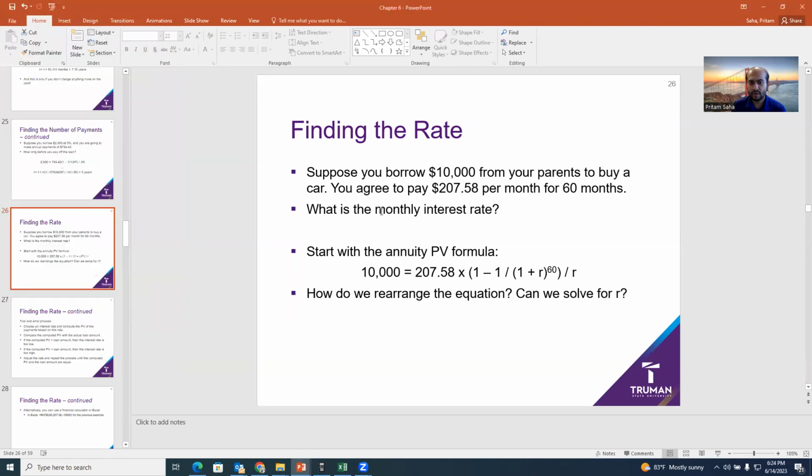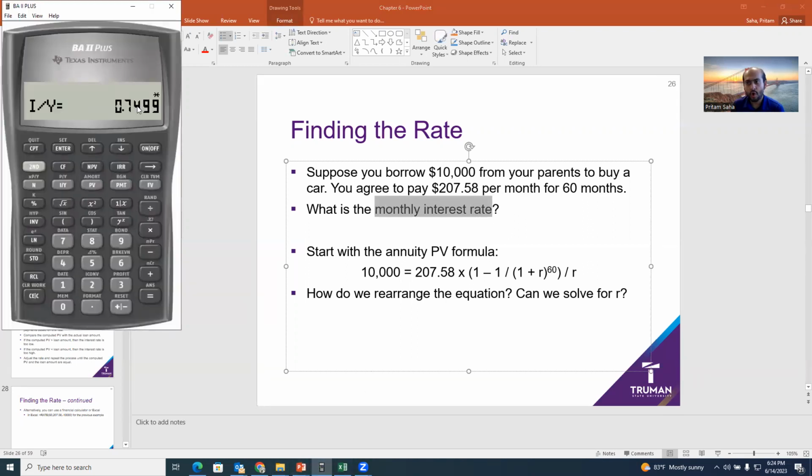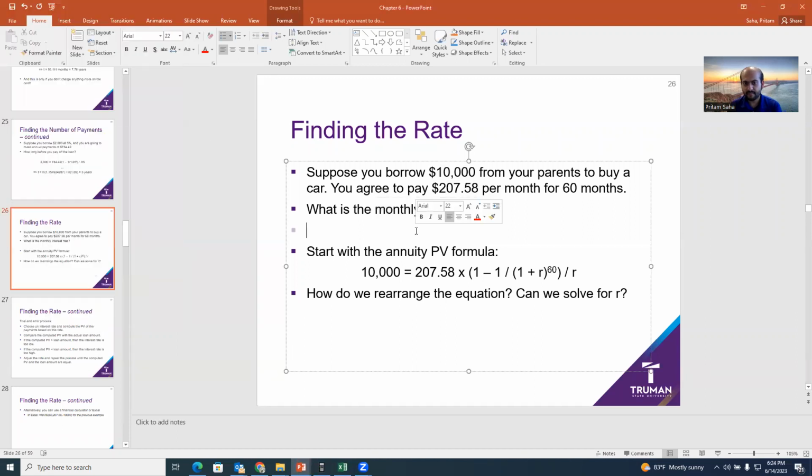If it did not ask specifically for the monthly interest rate, don't report this value. If it's asking for the monthly interest rate, then you can report 0.7499%. But if it just asks, what is the interest rate for this project?